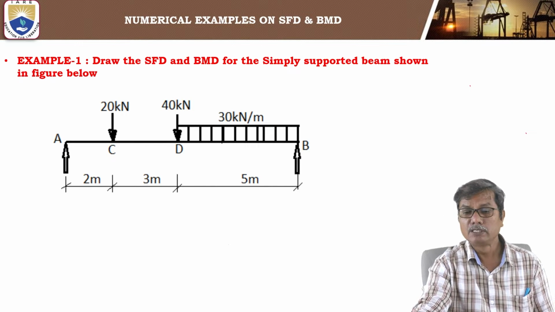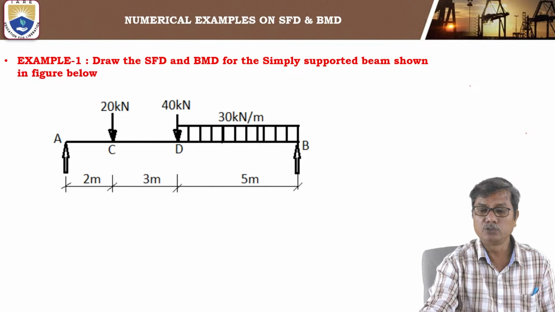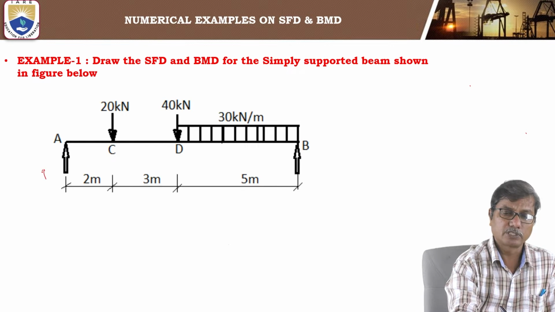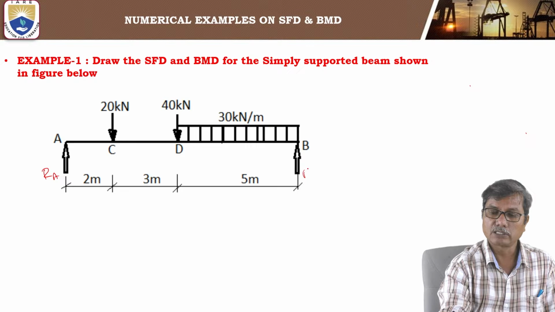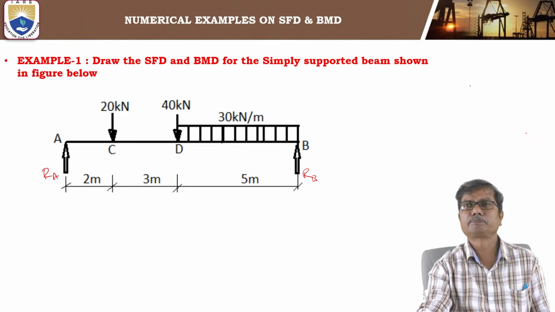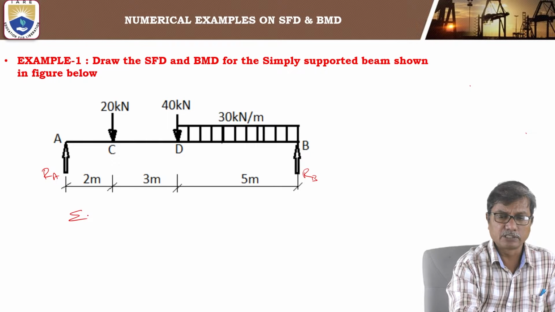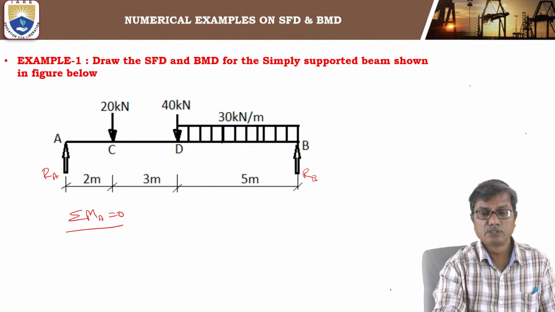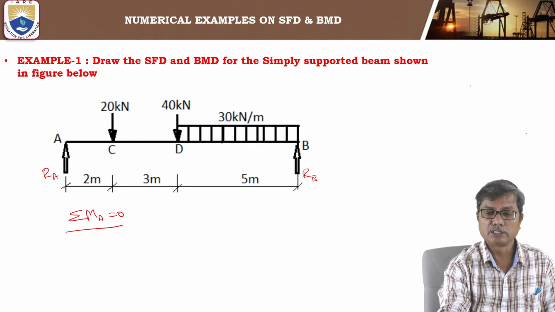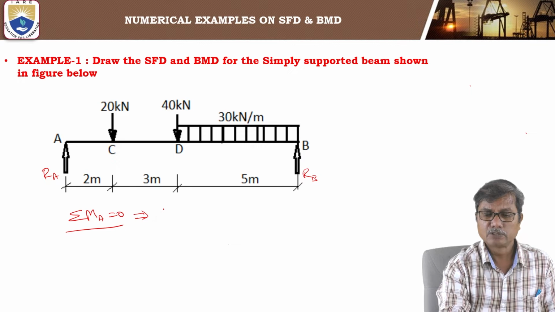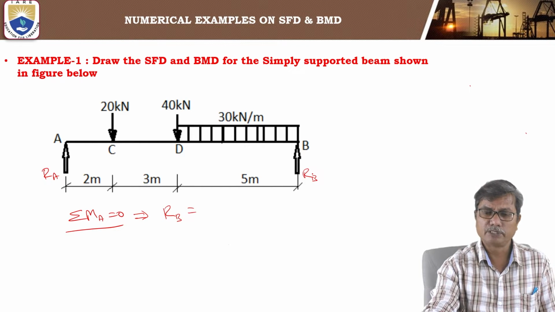Okay. So as a first step, we find the support reactions, say RA and RB. For this, we consider the equilibrium condition sigma M_A equal to 0. So considering the moments about A of all the forces, we get the reaction RB.